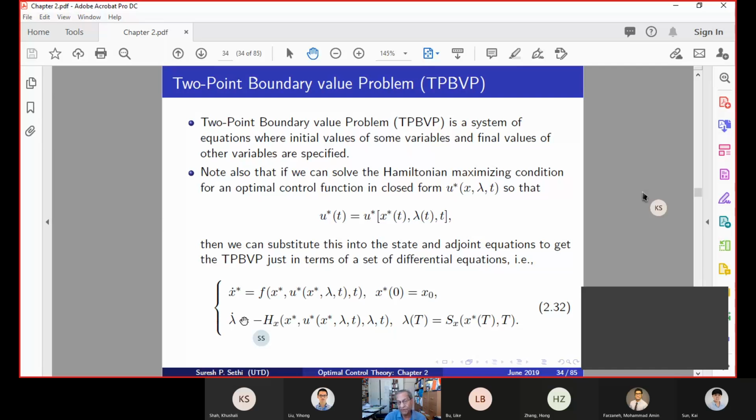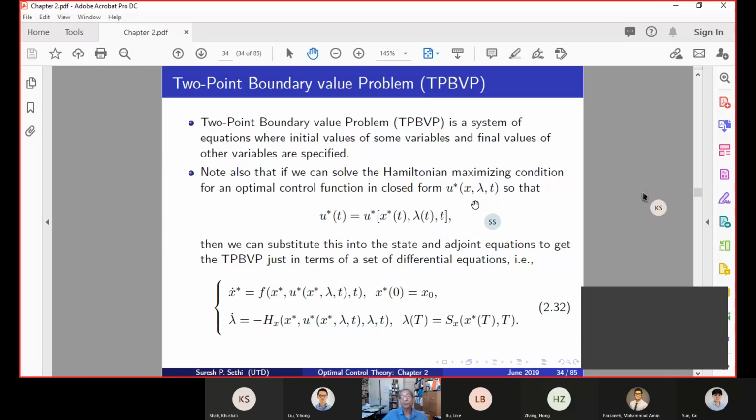So there must be some way of guessing those things. That's where we will come to this Excel, and we will see that in Excel, they can do a very fast back and forth and will give you the value of lambda 0 right away. And once you have the right lambda 0, you have this problem solved, and you have this value solved for every t, and you have an optimal solution for the problem. So that's the idea.